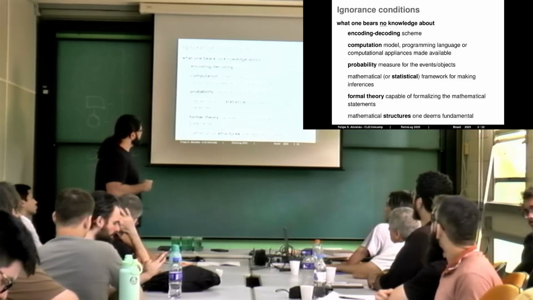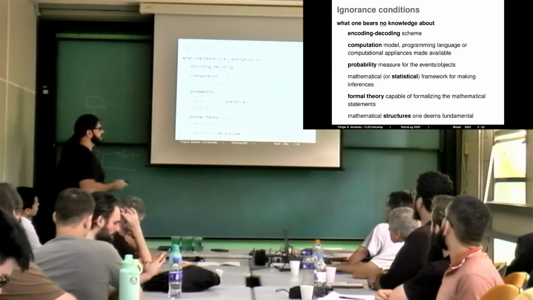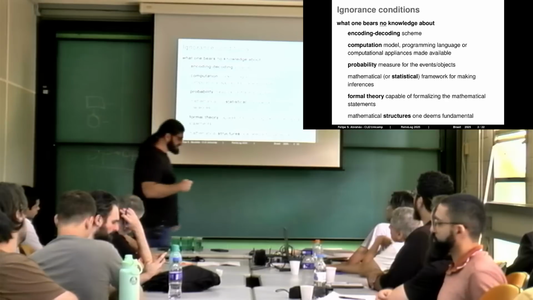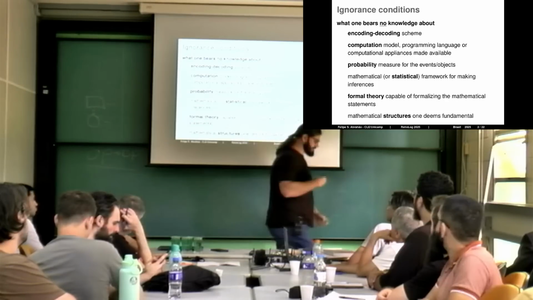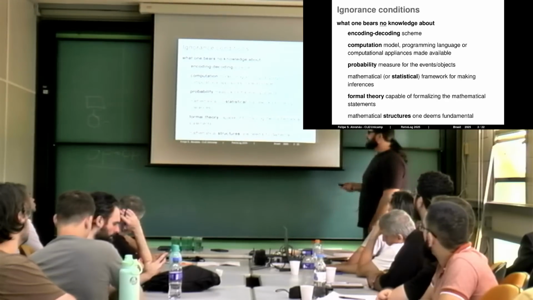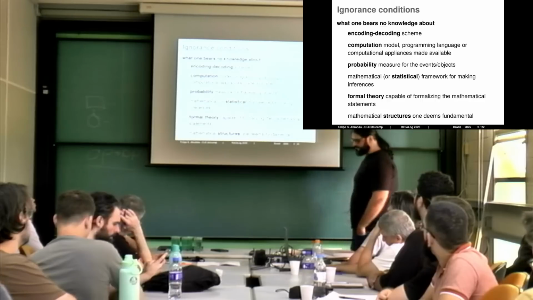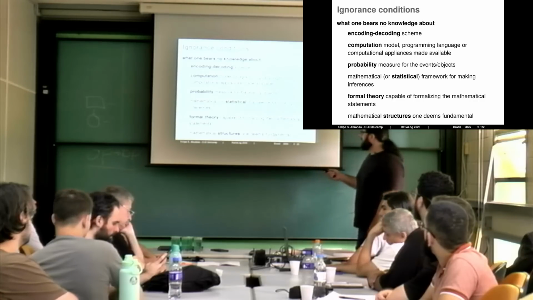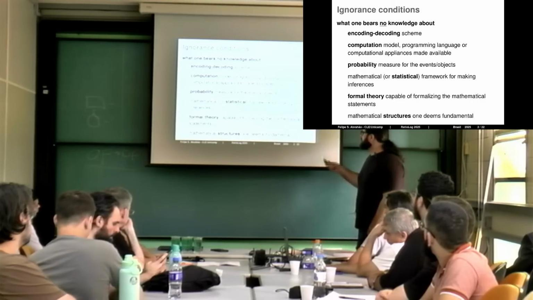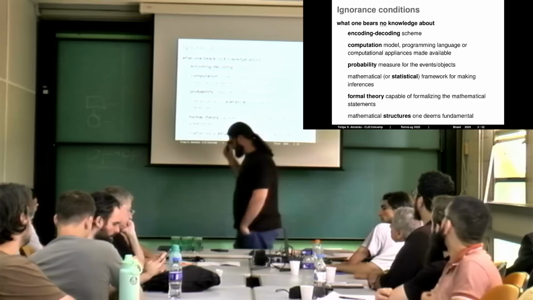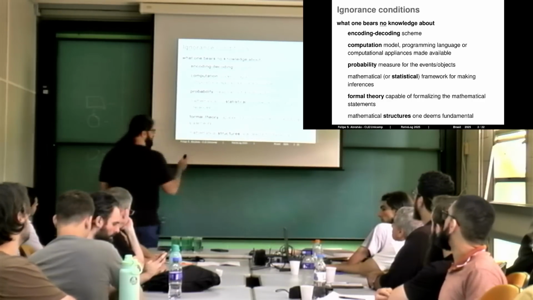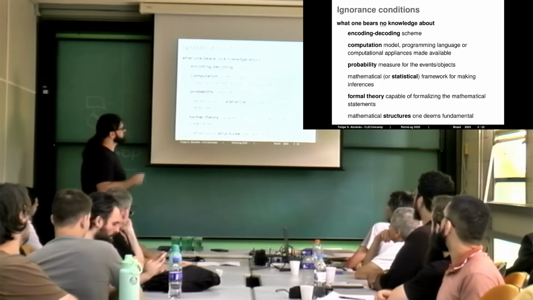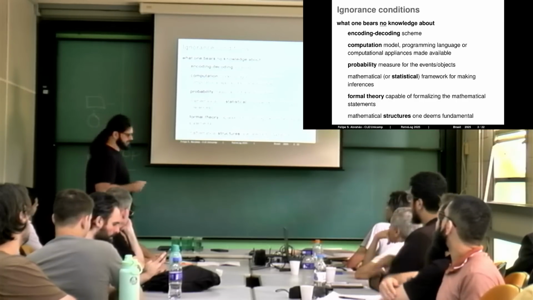And finally, we can be even more dramatic and be ignorant about the mathematical structures that this other agent deems fundamental, whatever structure or family of structures or logic. We're going to talk more about this later. So this is classically a chain for them. What holds for the bottom holds for the higher levels in this kind of illustrative hierarchy.